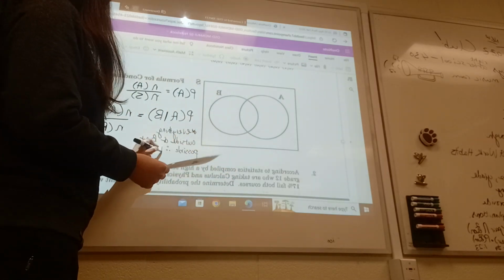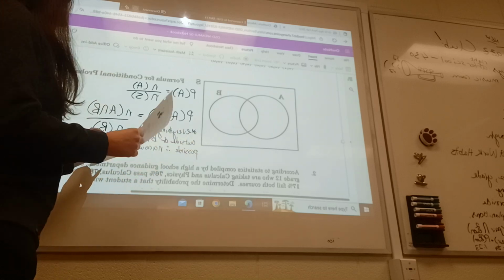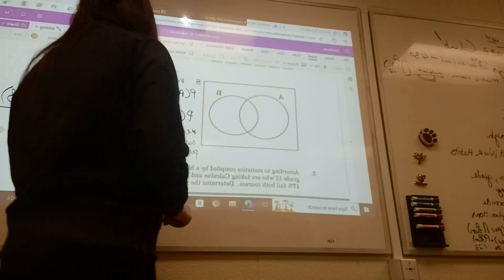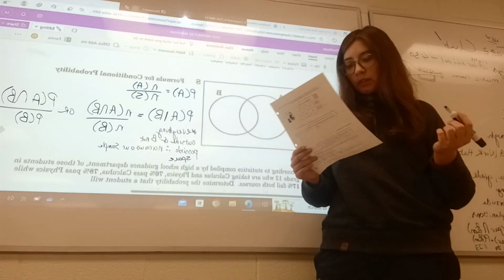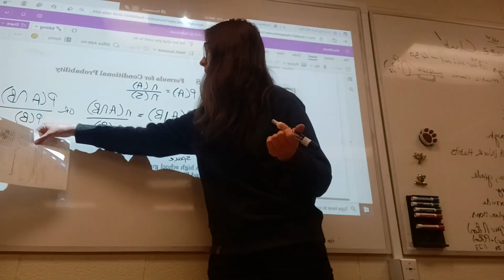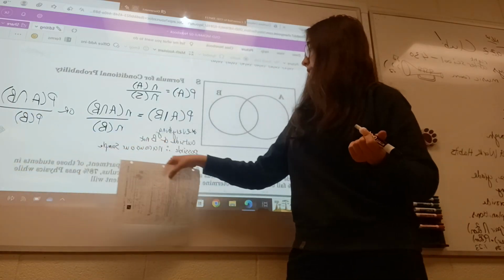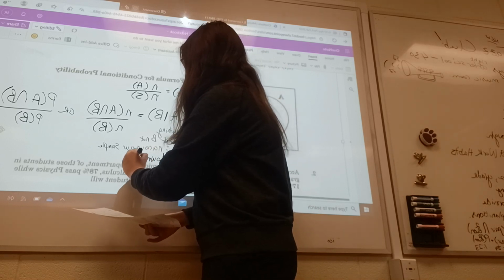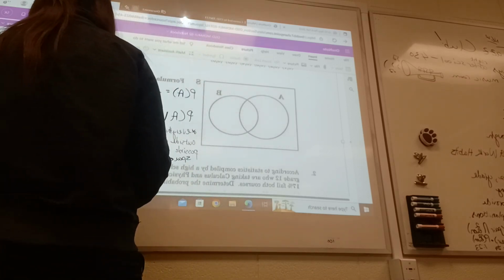Therefore, it narrows our sample space down to outcomes inside of B. And that's why we have just the probability or number of ways B can happen in the denominator, because it narrows our sample space down to outcomes inside of B.